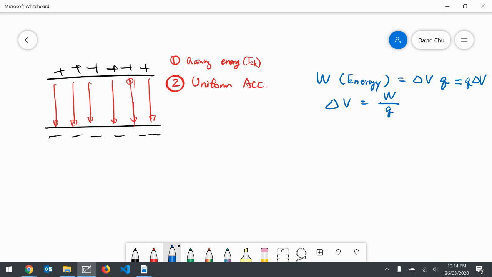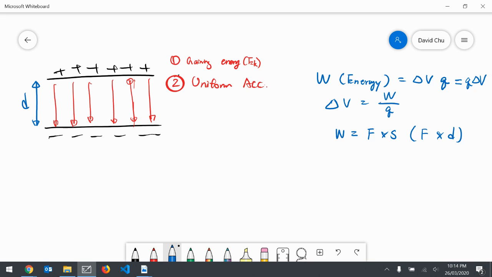From this expression here, we also know that work done equals force times distance. I'm going to amend this a little bit by saying I want F times D, where D is the distance between the two plates.